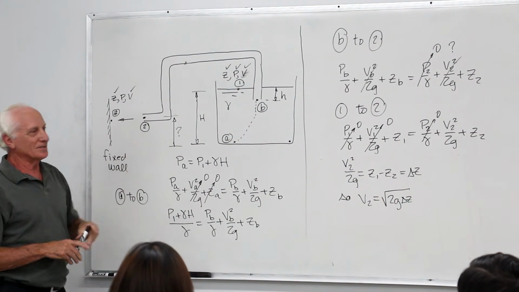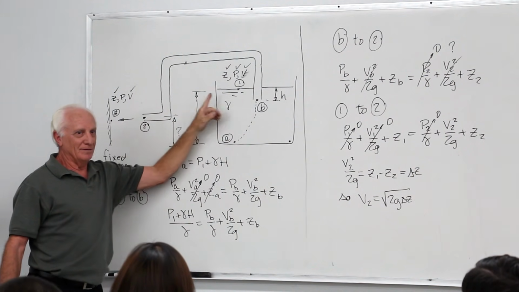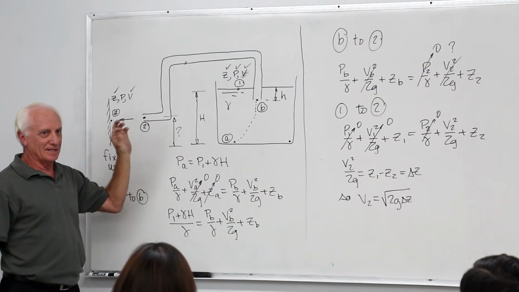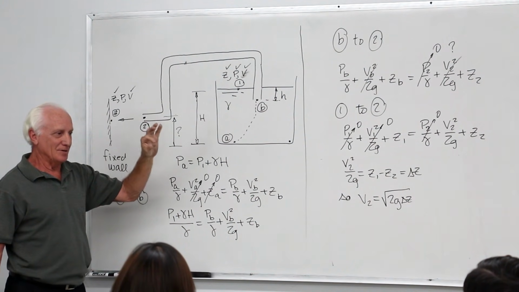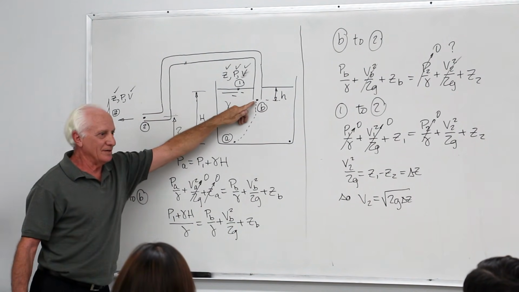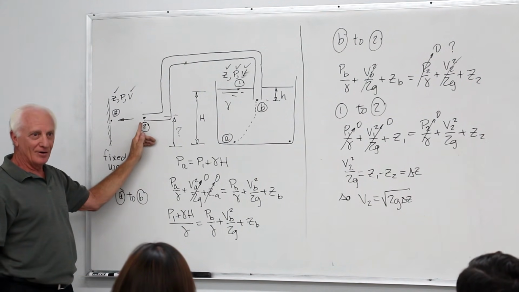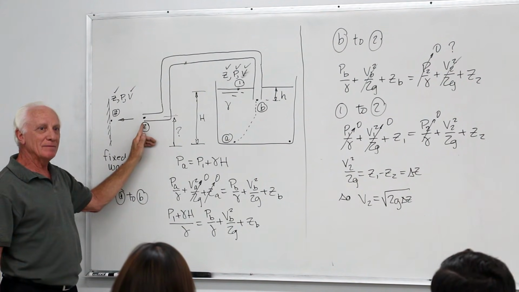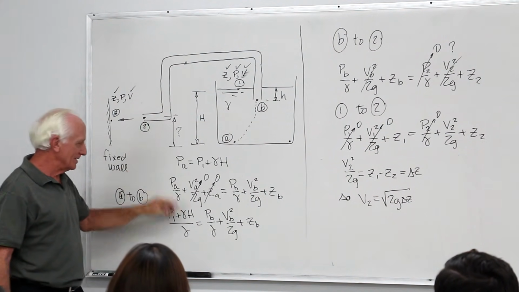What does continuity say for steady state? What comes in must go out. Same area, incompressible. What's continuity say? The velocity entering here must be the velocity leaving here, no matter how far and how many bends this thing makes. It doesn't matter where I put this pipe.